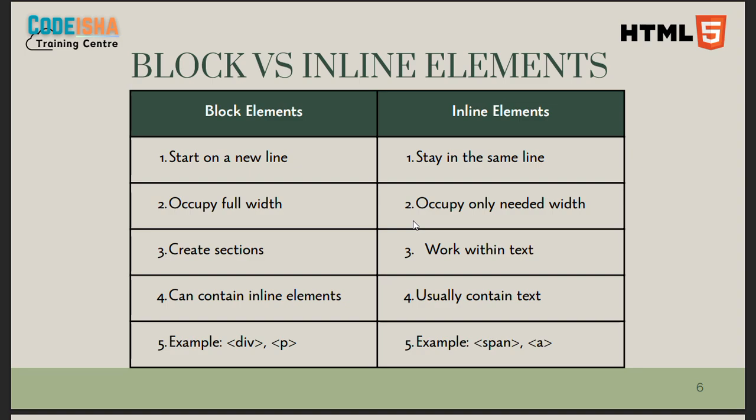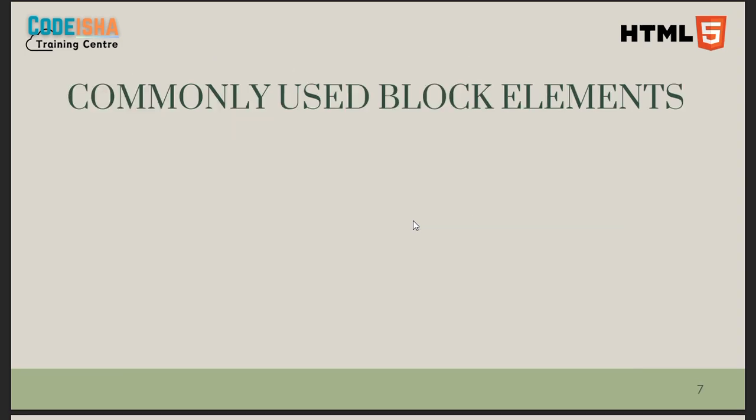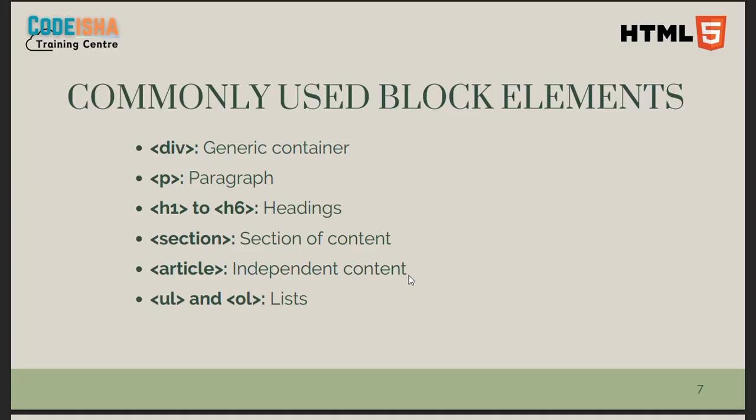Next, here are the commonly used block elements. div is a generic container, p is for paragraph, h is for headings, section is used for sections of the content, article is for independent content, and ul and ol are for lists of items.